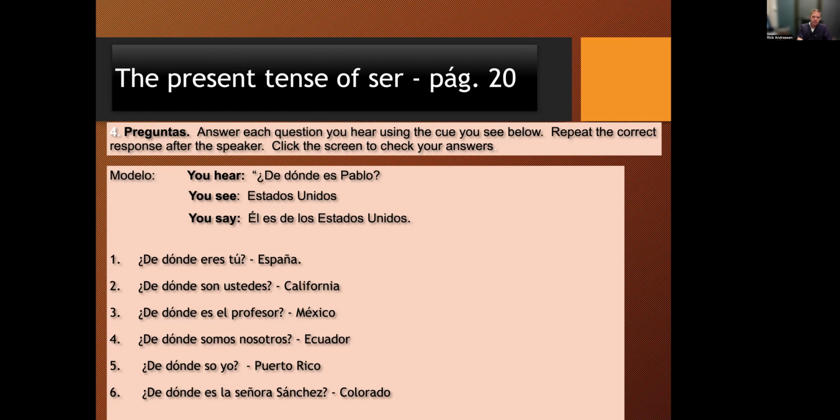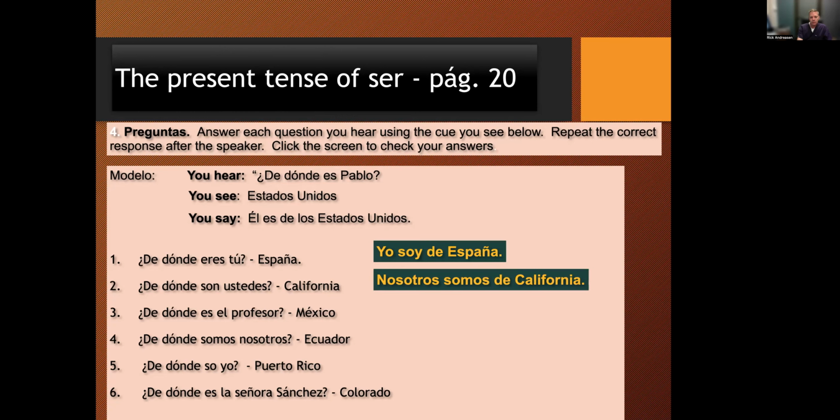Yo soy de España. 2. ¿De dónde son ustedes? Nosotros somos de California. 3. ¿De dónde es el profesor?